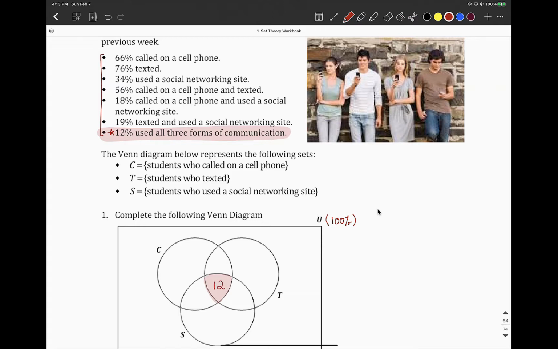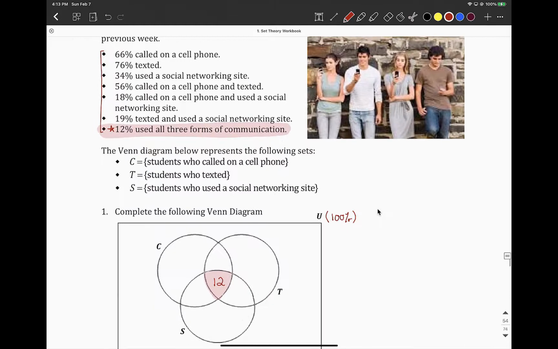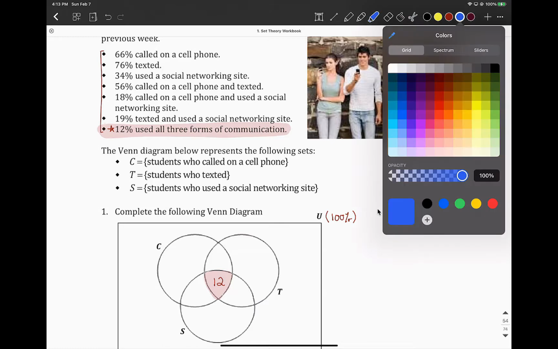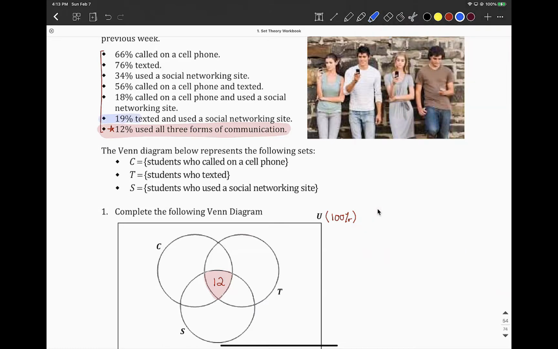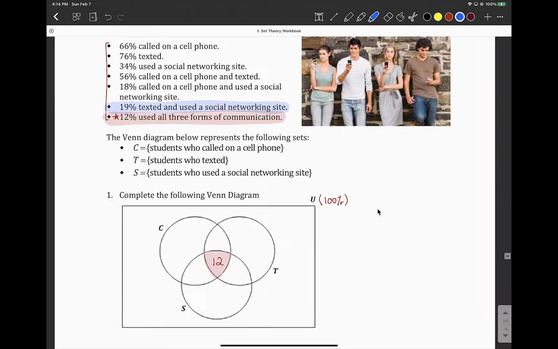It's probably the only percentage that isn't going to get totally modified given some of the wordings they're using up here. So I do want to be a little bit careful. Let me highlight one of these here. Let's talk about texting and using social networking. It says that 19% of people did that.